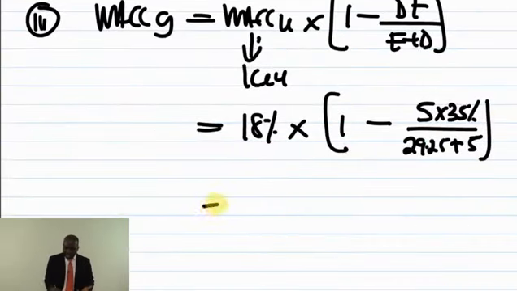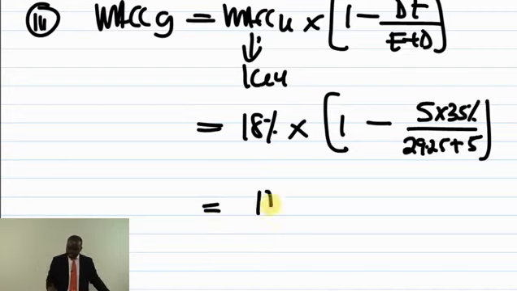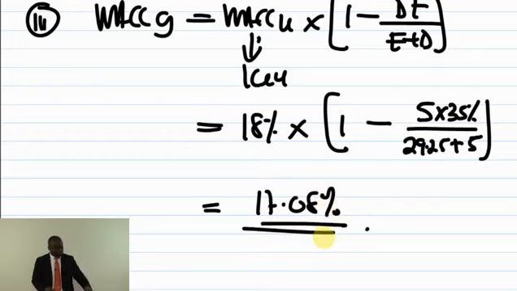And what will be the WACC? If you had used the long approach, you will still come back to the same answer. That's why I encourage students: see Miller and Modigliani, save your time. So this is going to give us about 17.08%. So this is basically that chapter.